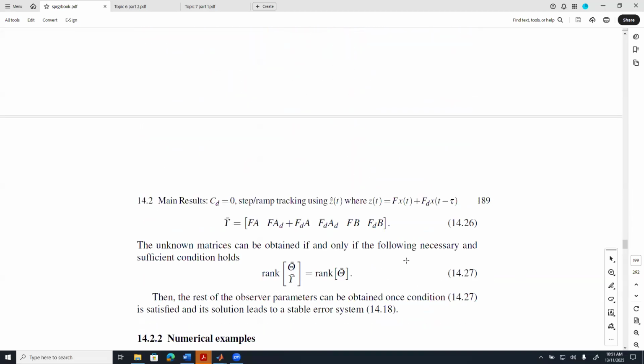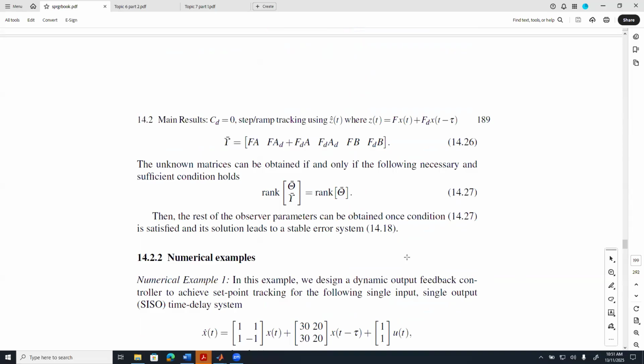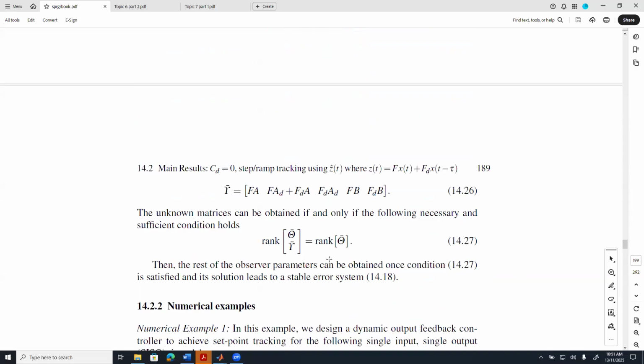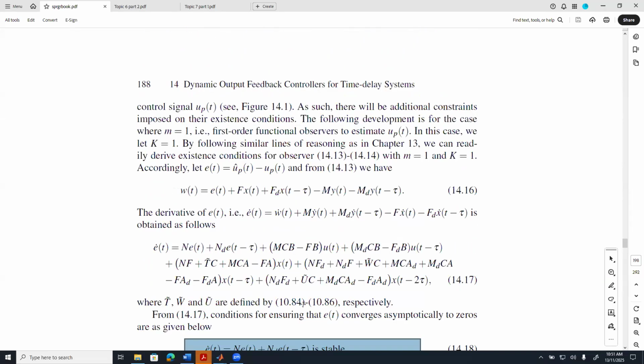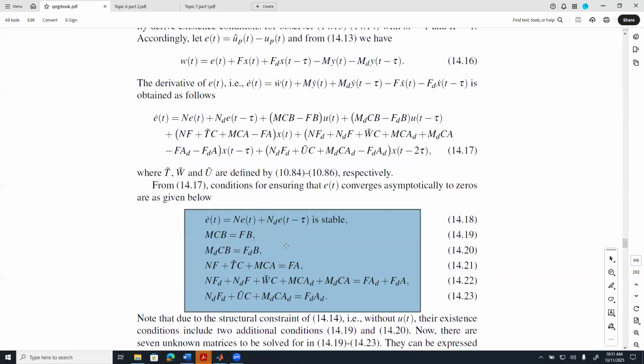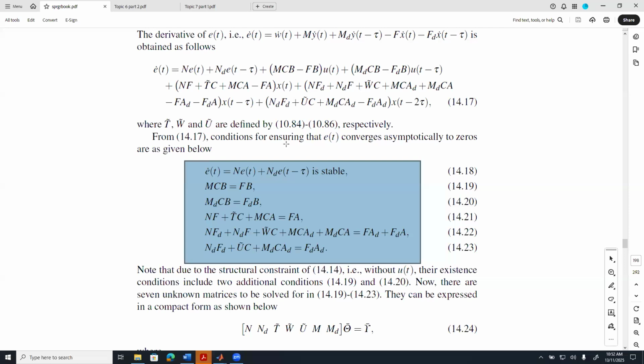That's the idea behind that. Okay, so we want to show a numerical example for it. The reader can look into the derivation of the existence conditions and the underlying reason for ensuring the error goes to 0 based on these conditions.